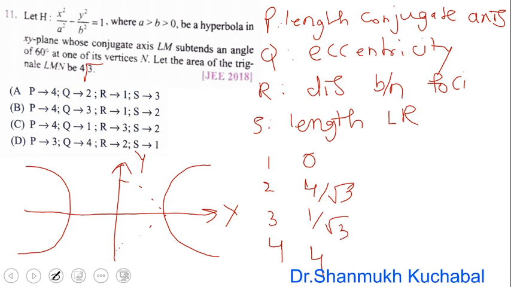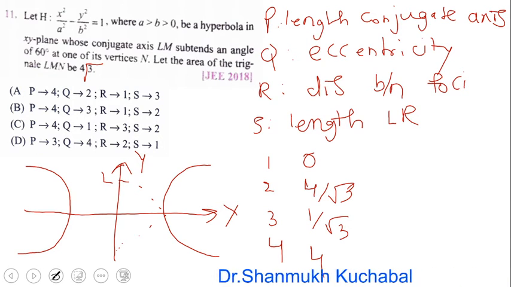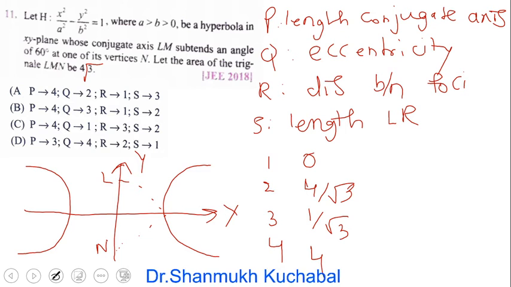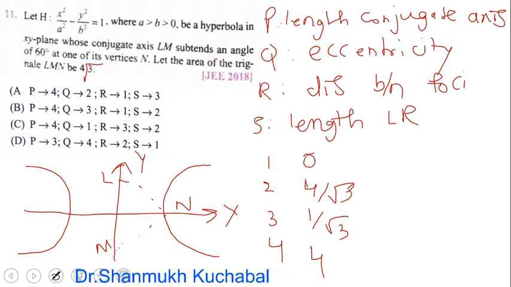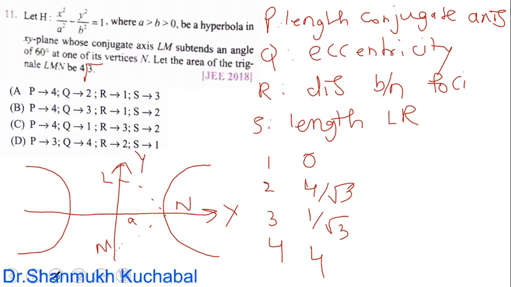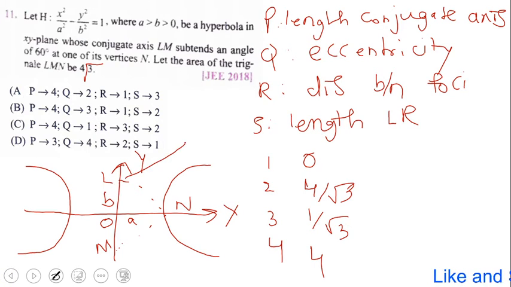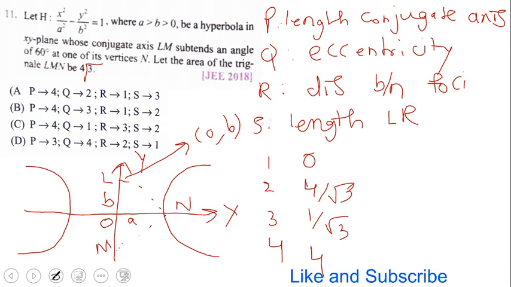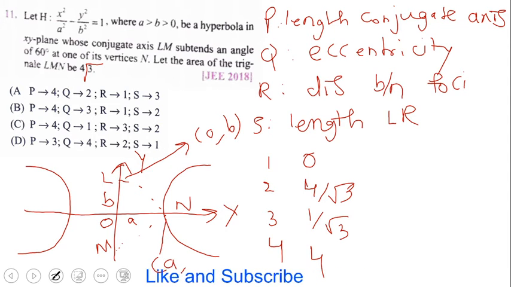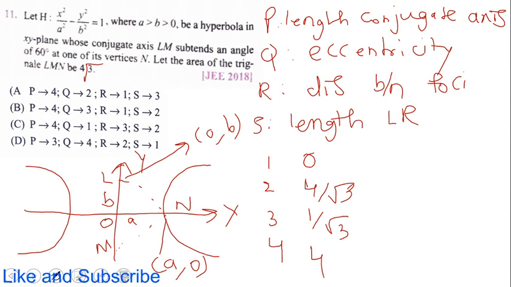So it represents L, C, next M and N, and here A is this coordinate, ON length is A, and here it will be B. So the point L will represent (0, B), and point A will represent (A, 0). All this basic information we have to mention.